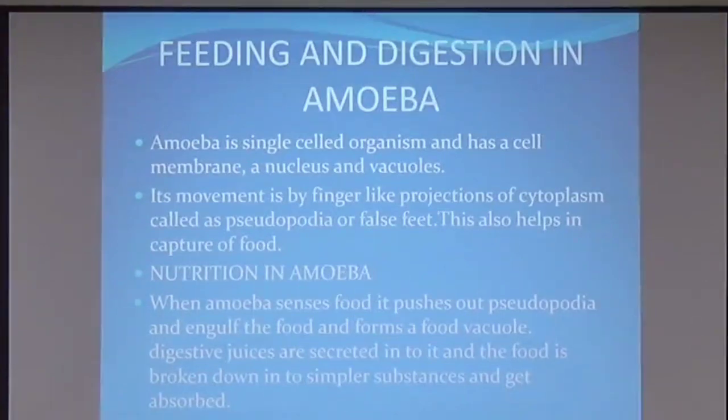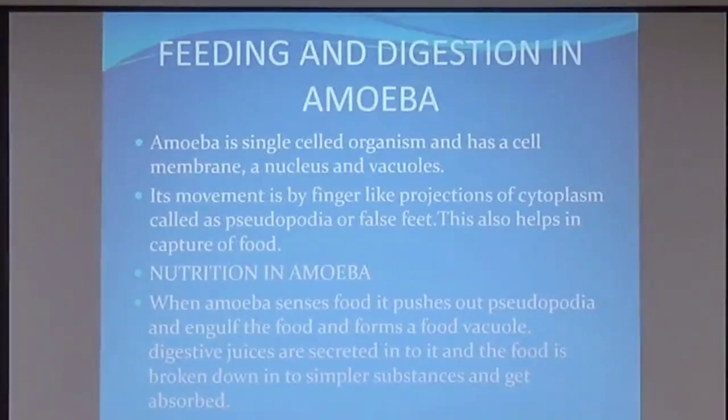These pseudopodia are not only used for movement, but also help in the capture of food. When this organism sees a food particle, it flows its cytoplasm around it and captures that food material. Then it is converted into a food vacuole where digestion takes place.